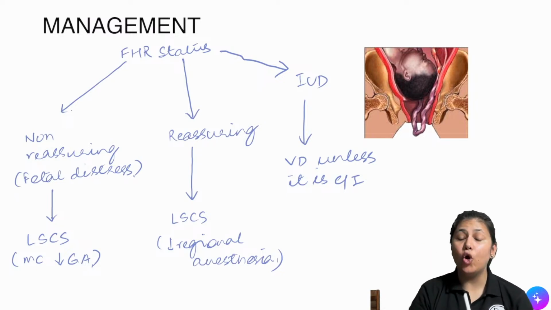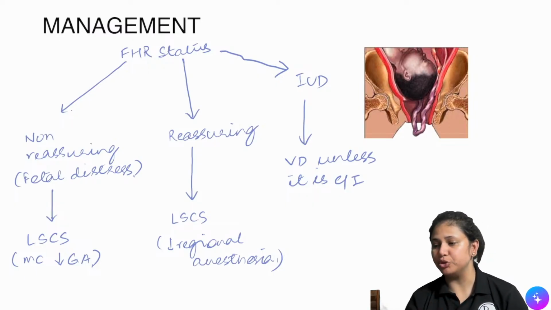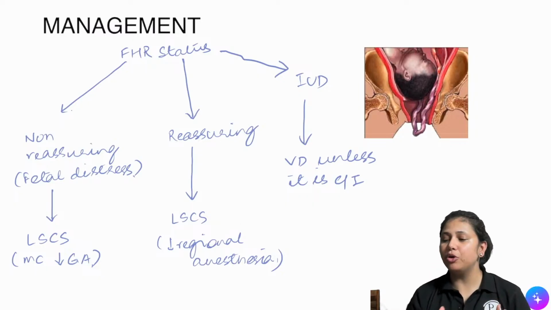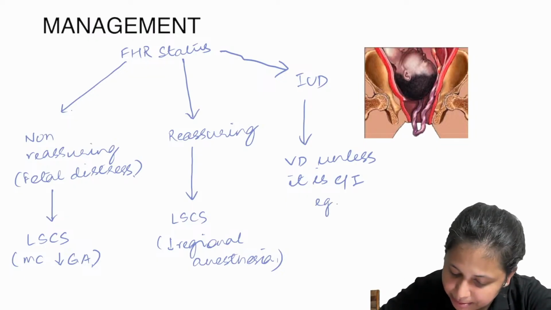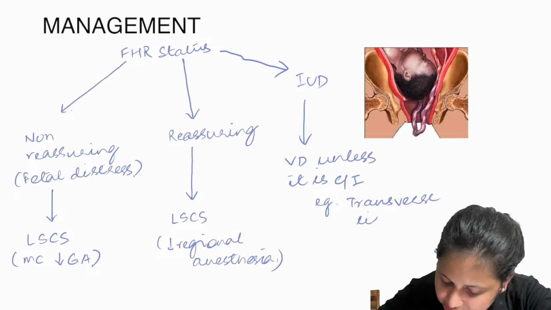There will be obstructed labor, there will be a Bandl's ring formation, and finally the uterus will rupture. I'll sum it up and then it will become easy. Right. So vaginal delivery, unless it is contraindicated, example in transverse lie.